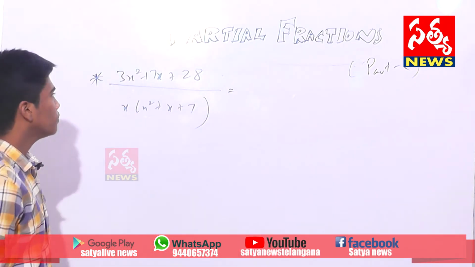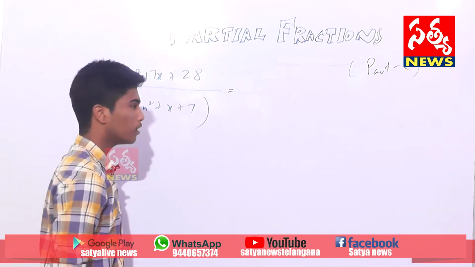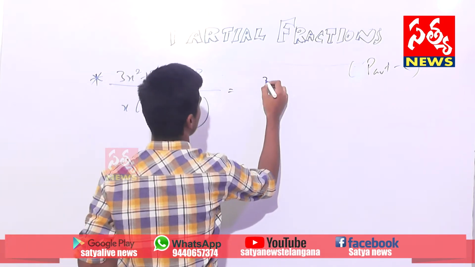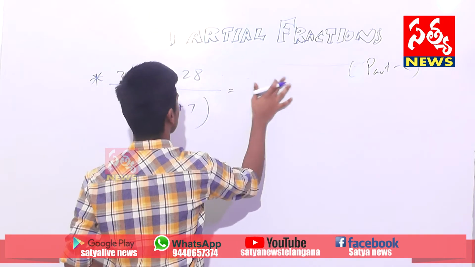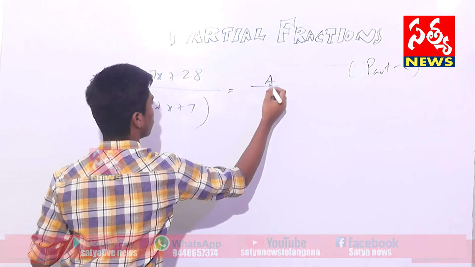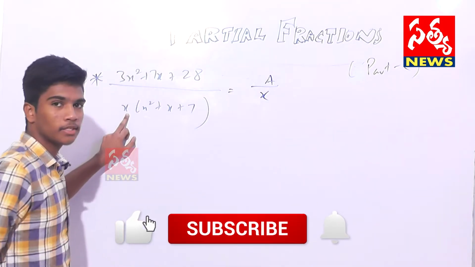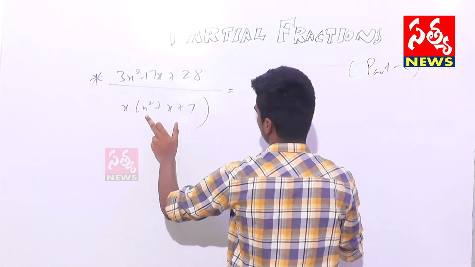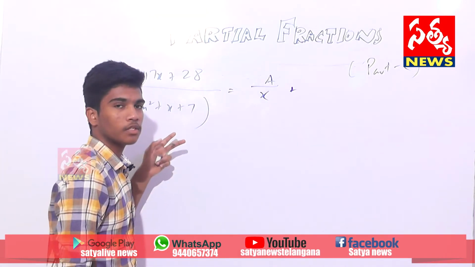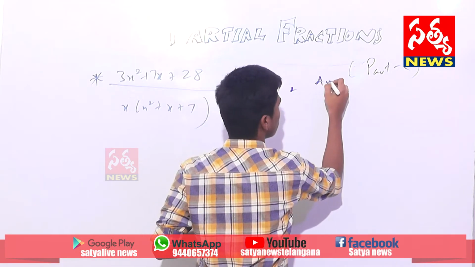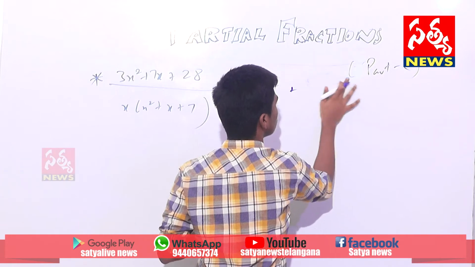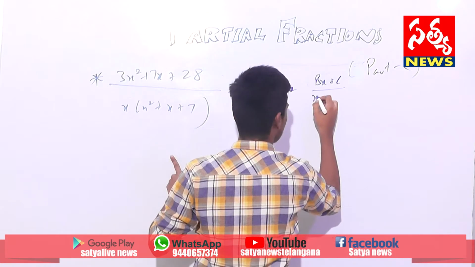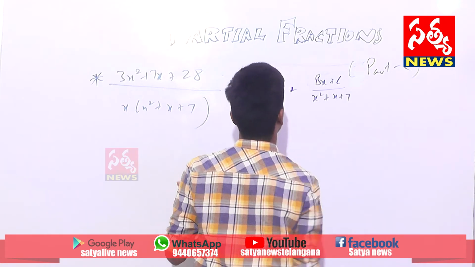As we discussed in part 1, first of all we have to split the denominator into a number of brackets. Now, A by x, as here x is linear, I am only taking A. But in the second bracket we have a quadratic, so we should take Bx plus C as our assumption over x square plus x plus 7.